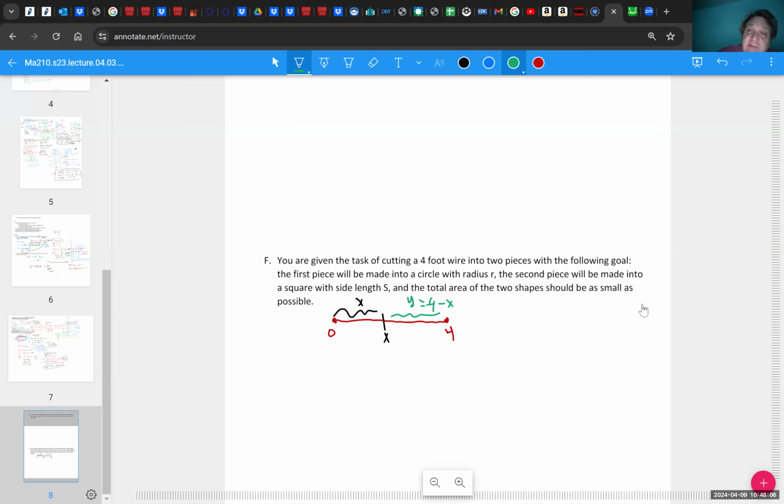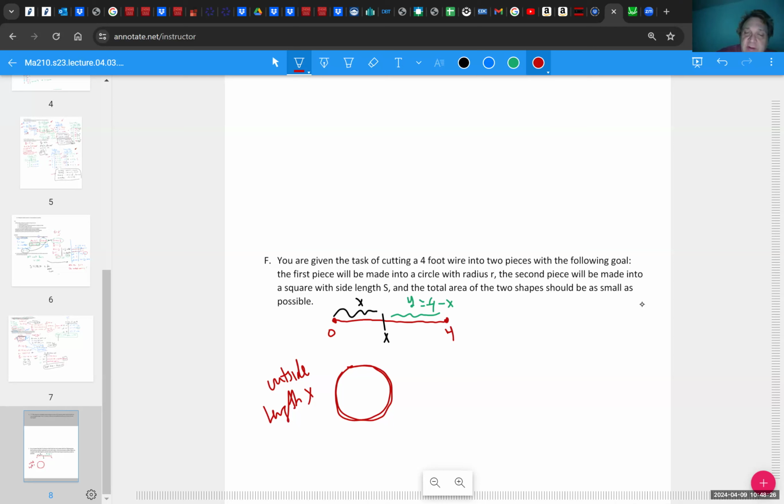So this first section right here, which has a distance of x, is going to be made into a circle. And the round part here is going around. The outside has a length of x.